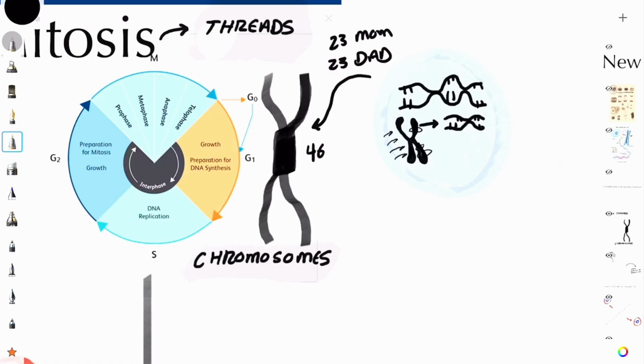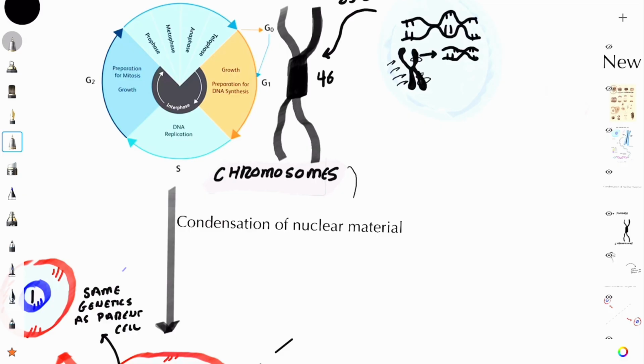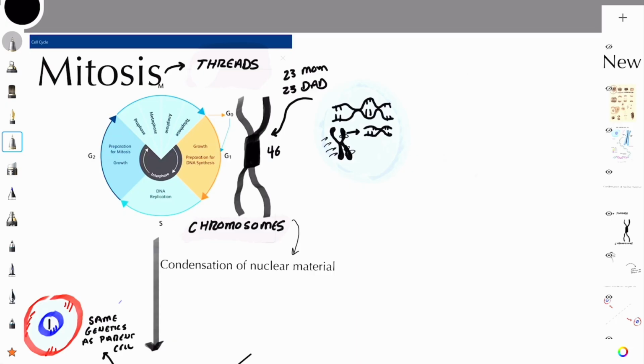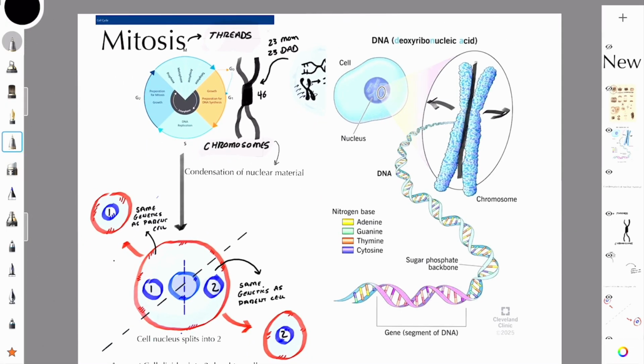And that is what actually is inside of chromosomes. So if we look at this next section here, these chromosomes are condensed nuclear material, and all of our DNA is in there.